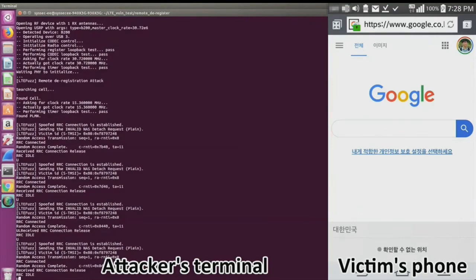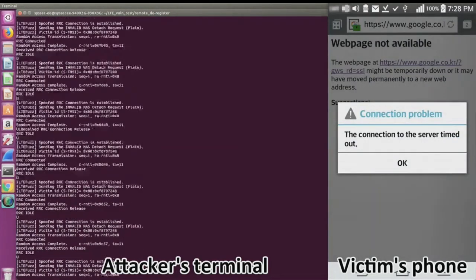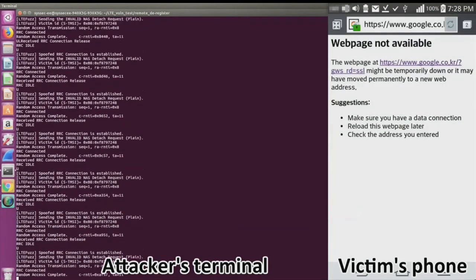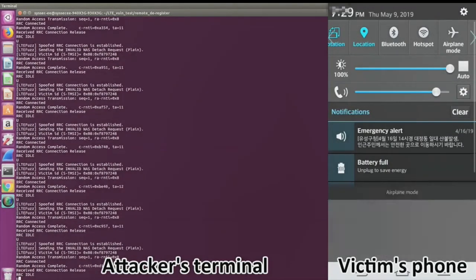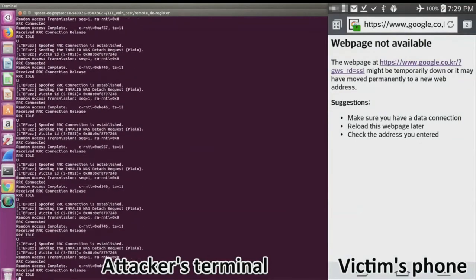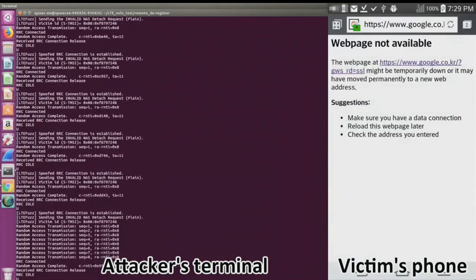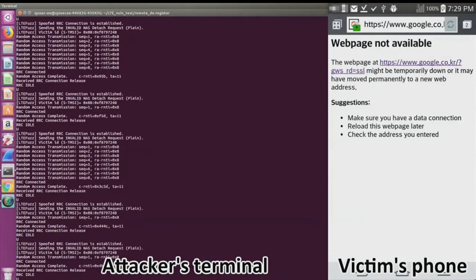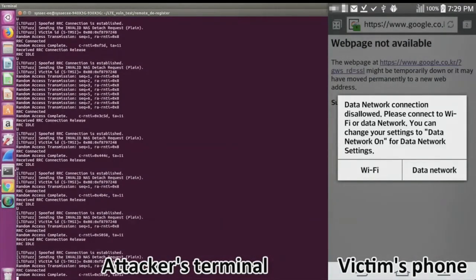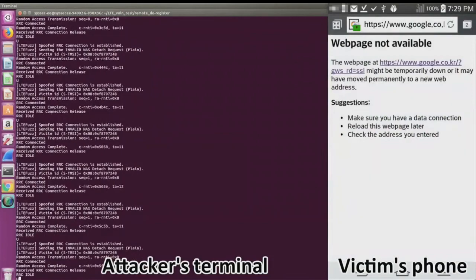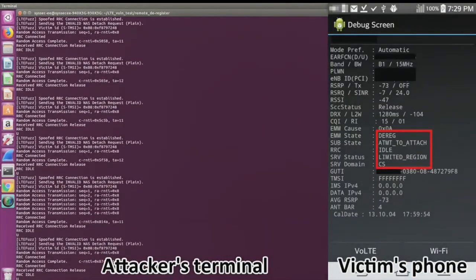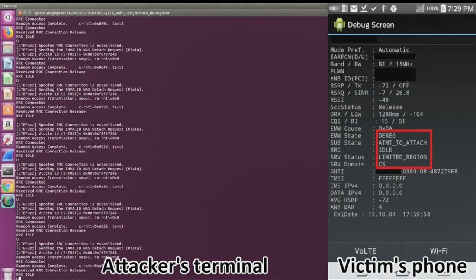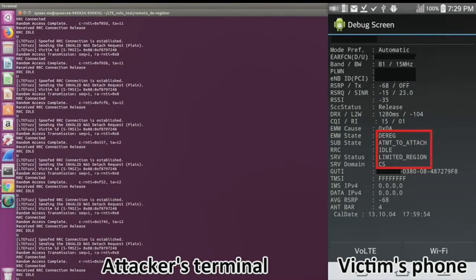So the attacker starts to attack, and during the attack, whatever the victim tries to do, it fails to connect to the LTE network. Turning it off and on does not work. And after some time, it is even downgraded to a 3G network, which is known to be much less secure than LTE.